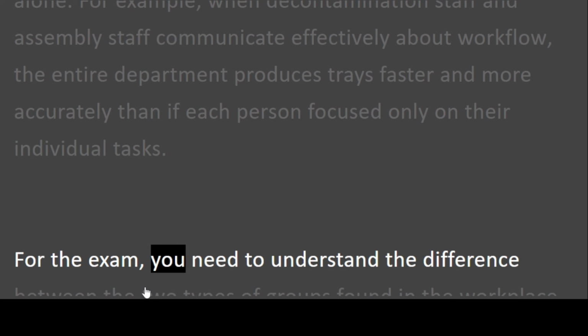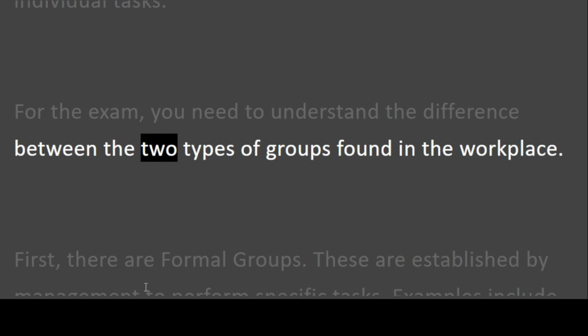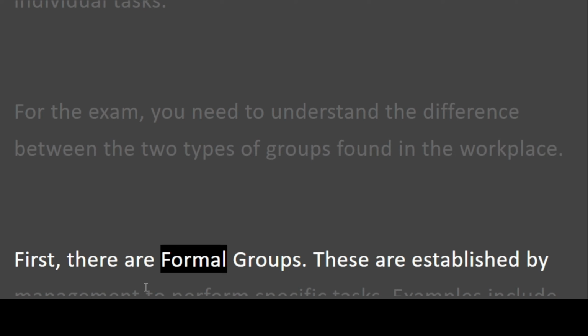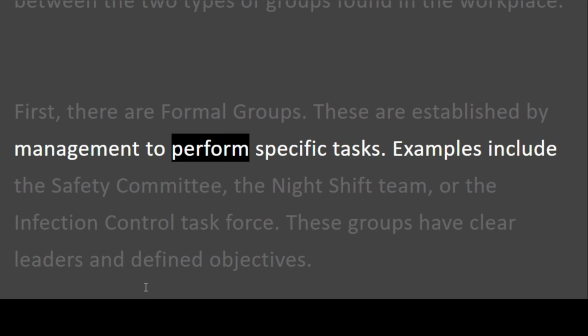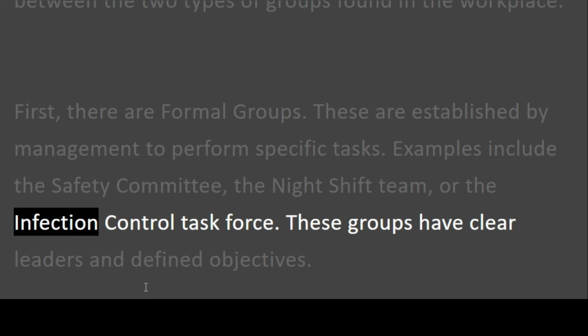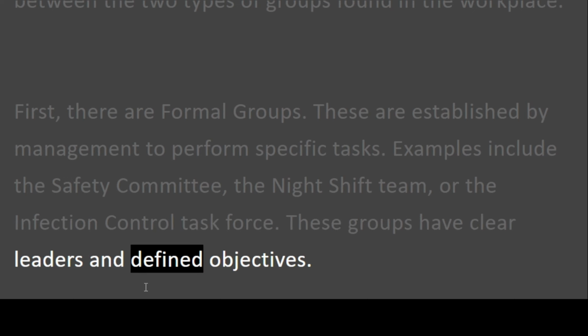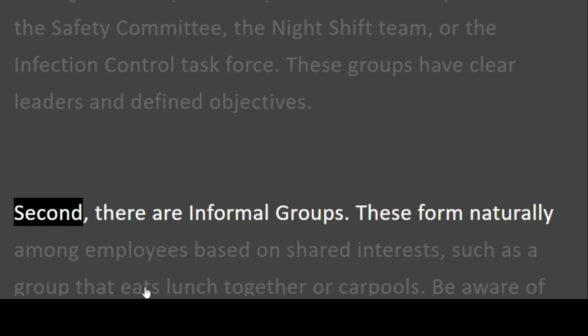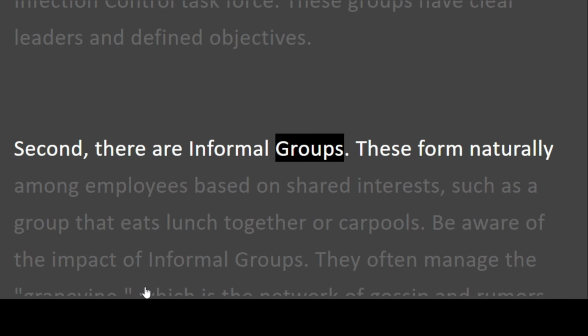For the exam, you need to understand the difference between the two types of groups found in the workplace. First, there are formal groups. These are established by management to perform specific tasks. Examples include the safety committee, the night shift team, or the infection control task force. These groups have clear leaders and defined objectives. Second, there are informal groups.